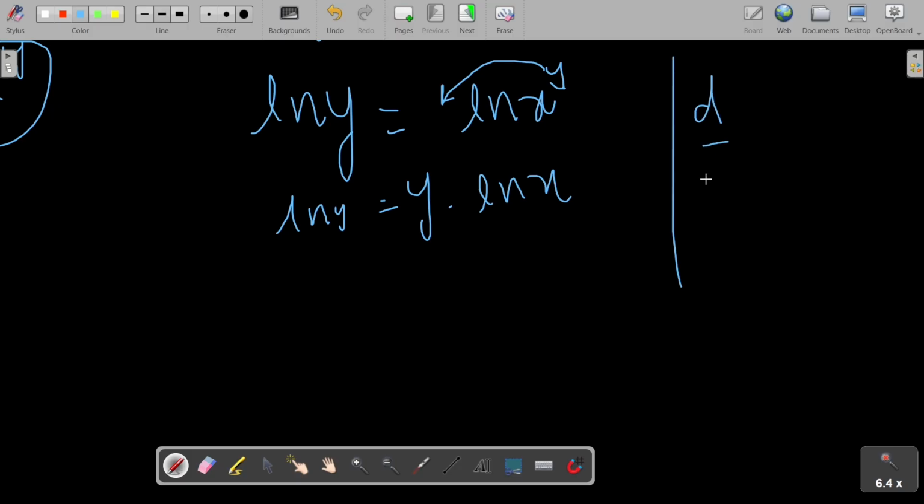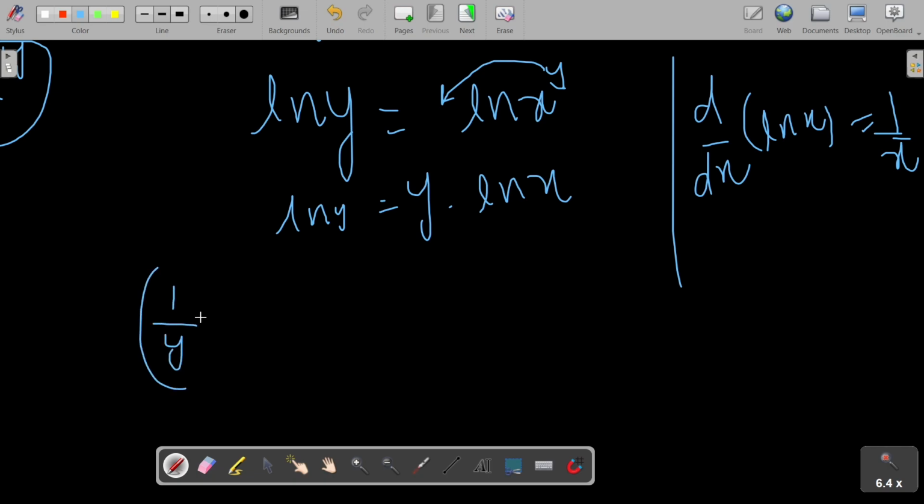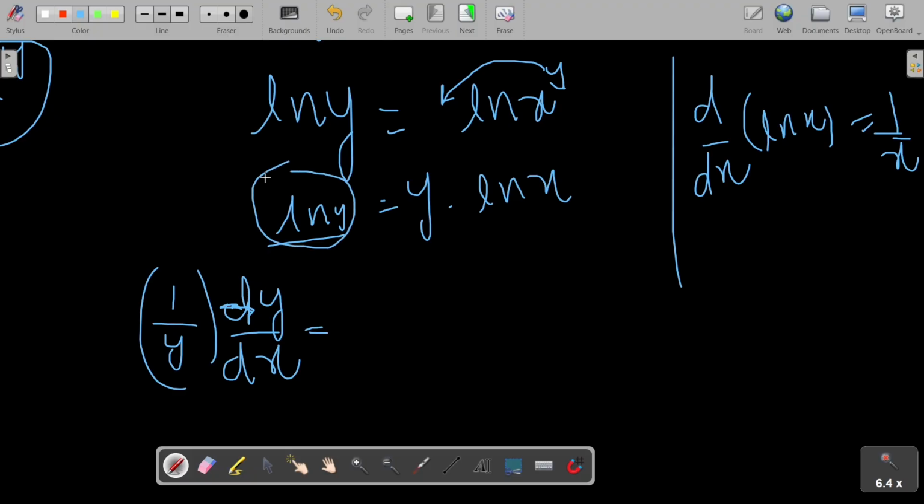So we know that d by dx of ln x is equal to 1 over x. And d by dx of ln y is 1 over y times dy over dx using the chain rule. Let me tell you this part briefly.